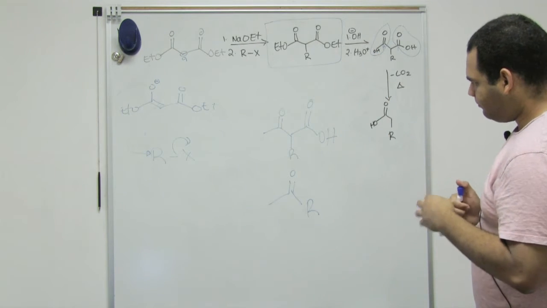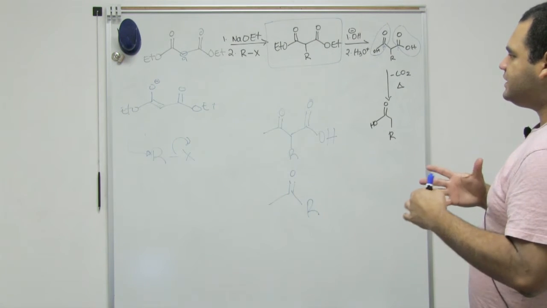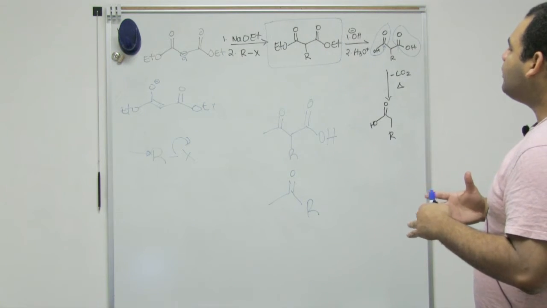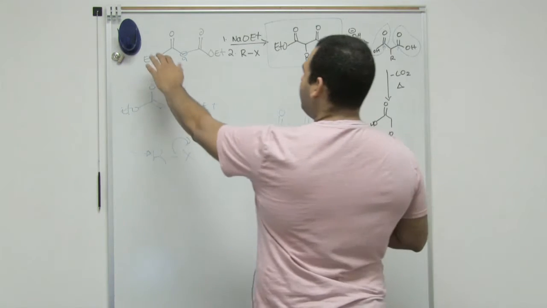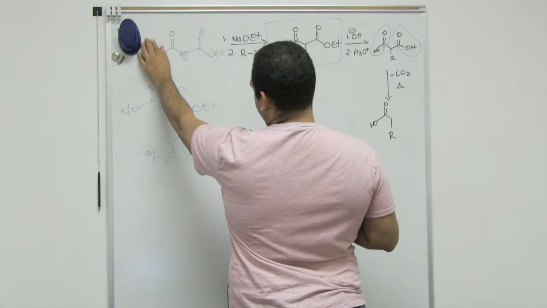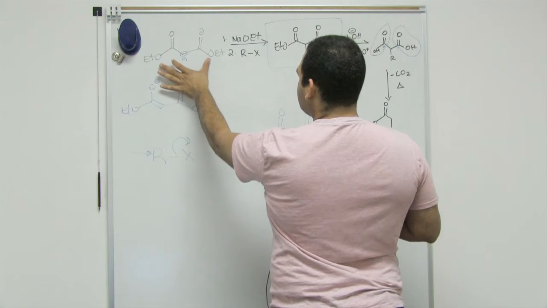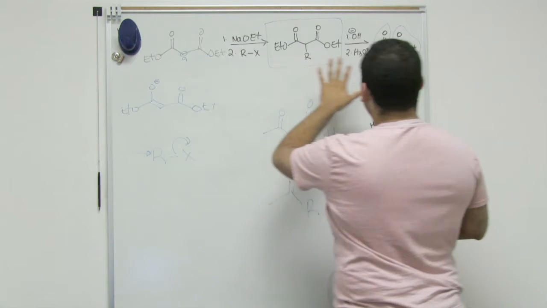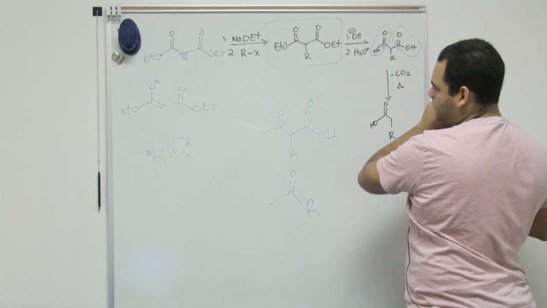So if you need to synthesize a ketone or a carboxylic acid: if I want a ketone, I will use only one ester. If I want a carboxylic acid, I use two ester functional groups, and I get my malonic acid in that position.